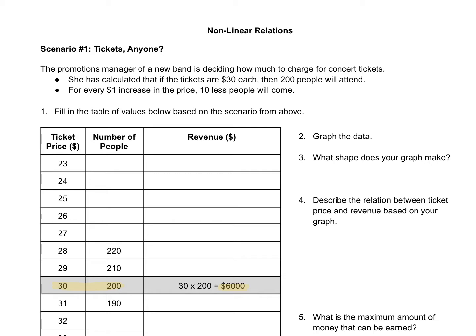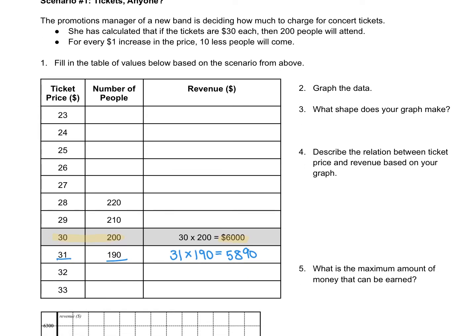So for a ticket price of $31, 190 people will attend. The revenue would be the price times the number of people, which gives us actually less money, 5,890. Let's continue downwards to see if, at some point, maybe this does increase.